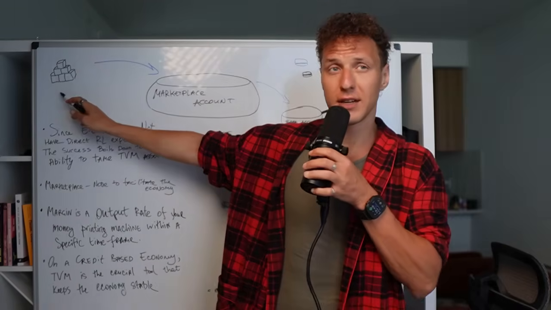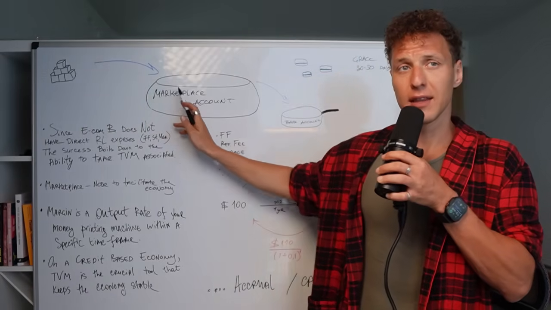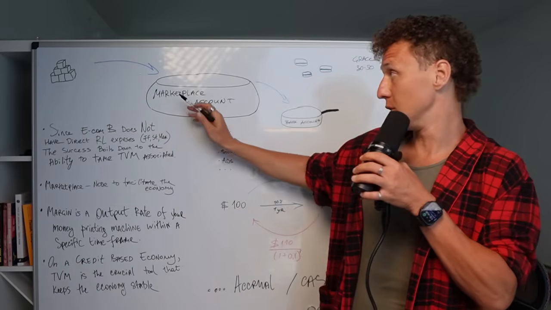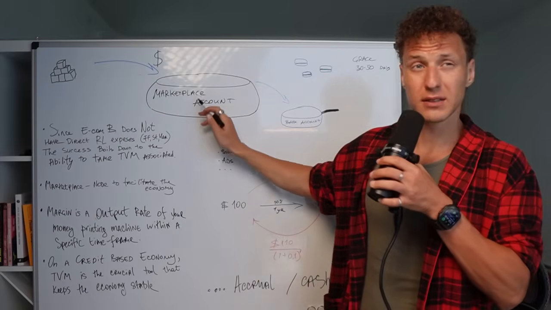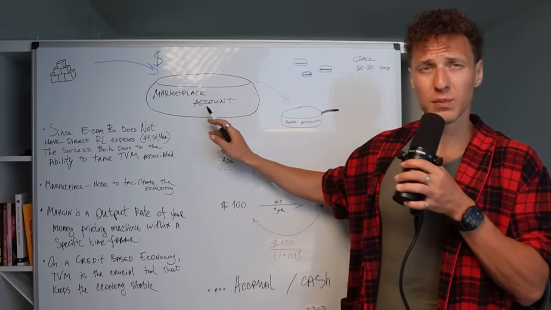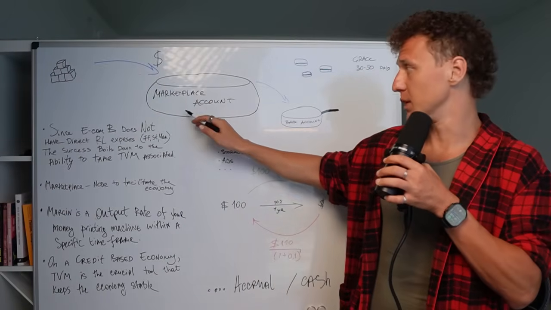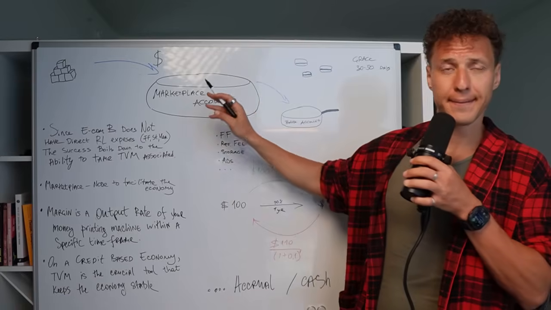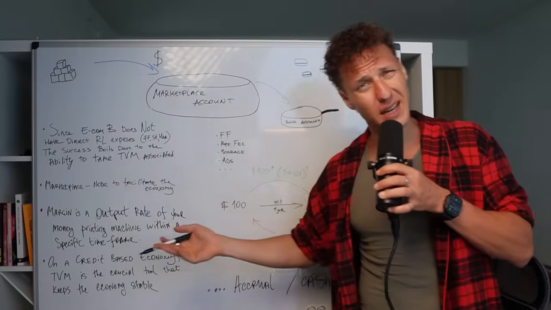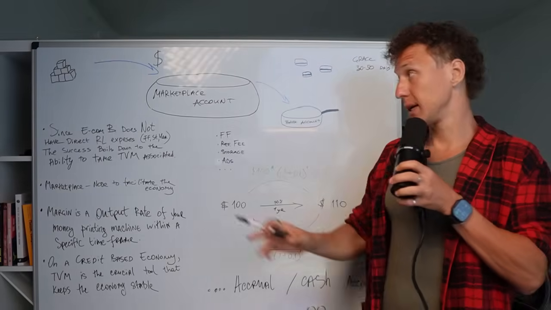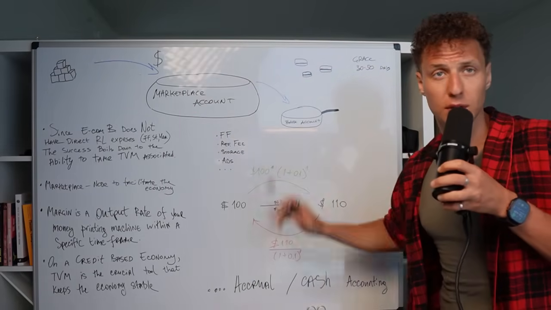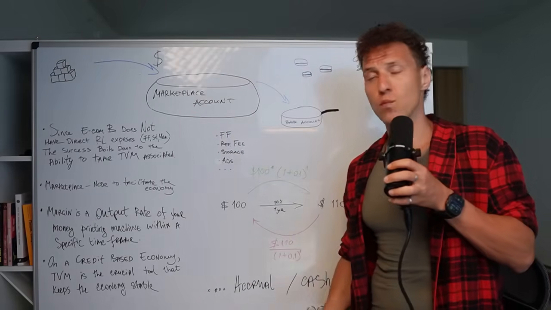You have your inventory, then you make sales, and the money from your sales hits your marketplace account. All of the money sits in this bucket, and on a specific day, depending on the marketplace, it will disperse the money to your bank account.